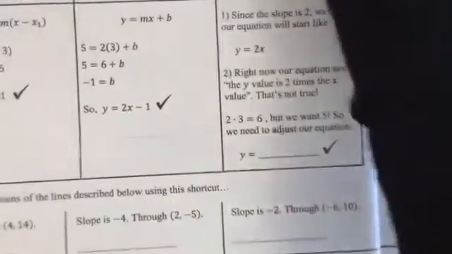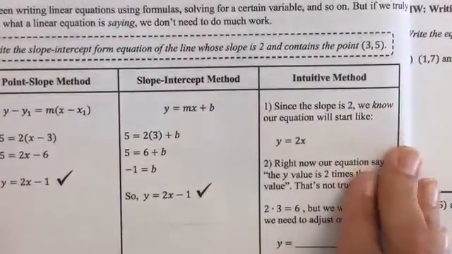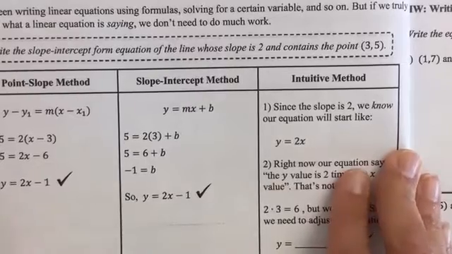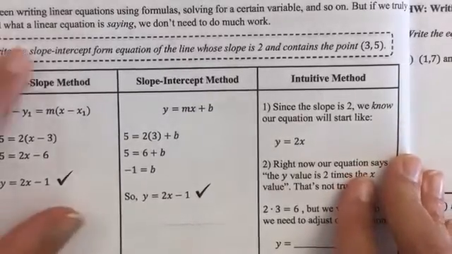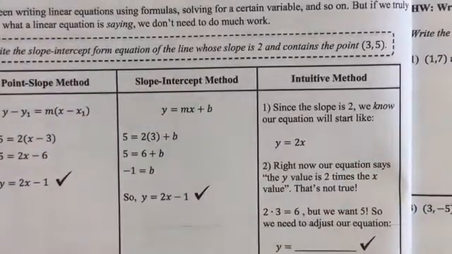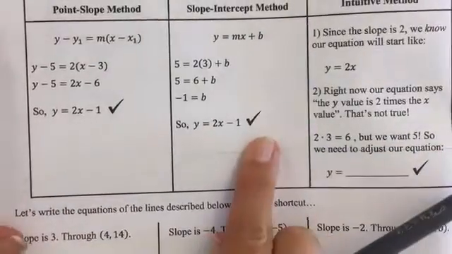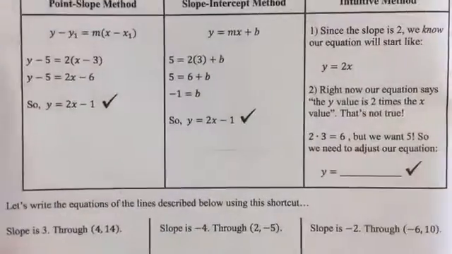Okay. Last little part here. I know these notes are kind of long. It says we have been writing linear equations using formulas, solving for a certain variable and so on. But if we truly understand what a linear equation is saying, we don't need to do much work. So point slope method, slope intercept method, or intuitive method.